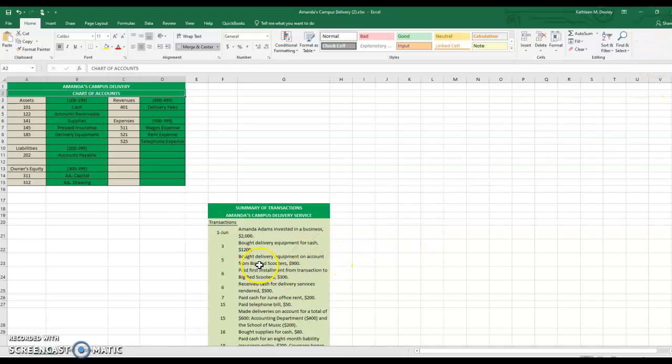So the next one is on the 6th, and we paid the first installment from the transaction to Big Red Scooters. So back on the 5th, we bought delivery motor scooters from Big Red Scooters, and we bought them on account for $900.